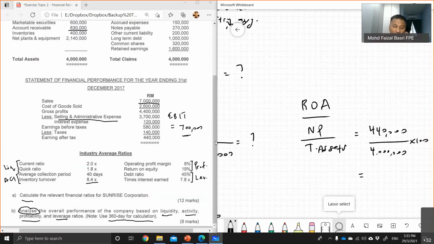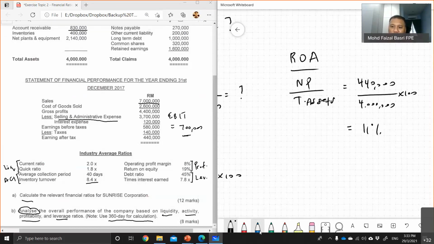All our profitability ratios will be answered in percentage. So 440,000 divided by 4 million, times 100, is about 11%. This is return on assets. Return on assets is 11%.